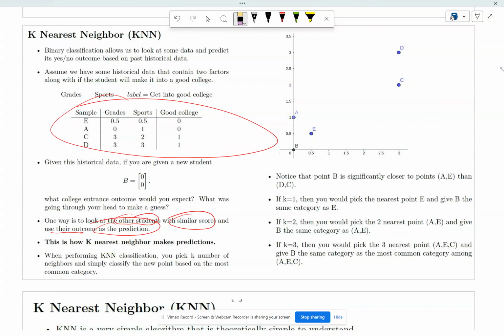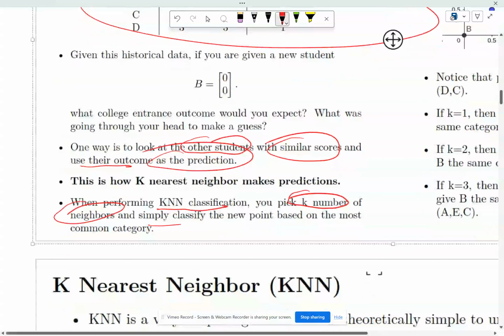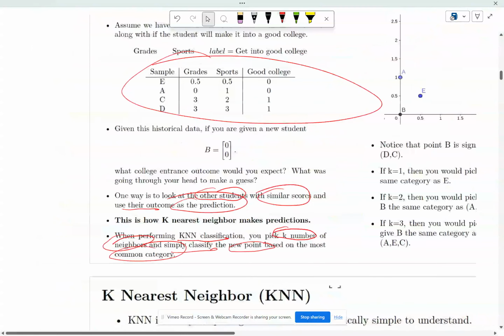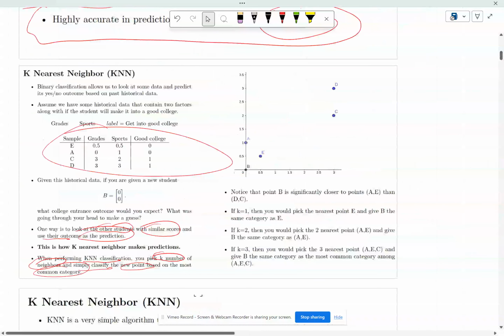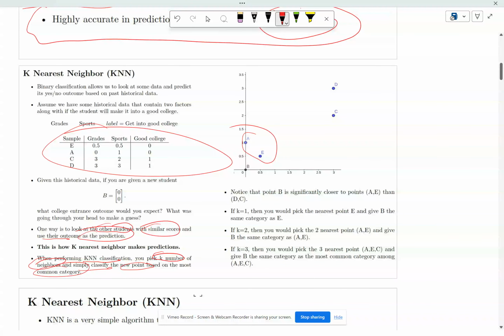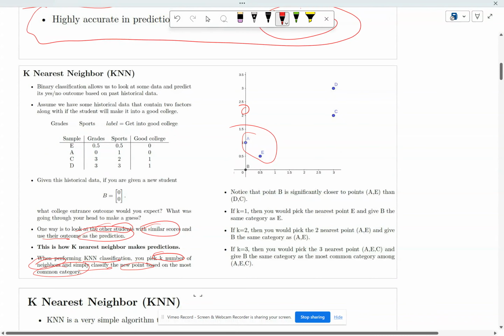When you perform k-nearest neighbor classification, you pick k number of neighbors and simply classify the new point based on the most common category. For example, we have E and A, those are two points, and they are labeled 0.